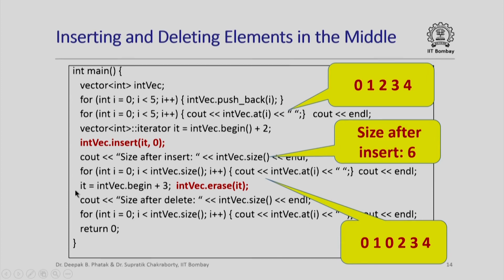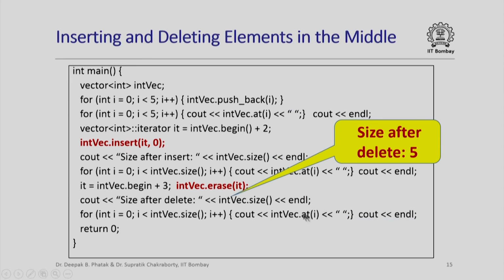So this iterator now points to this element of the vector, and I could also ask intvec.erase(it), so it will erase this 2. So the size after the delete is going to become 5 again, and if I try to print it out, the 2 would have been deleted, so it will print out 0, 1, 0, 3, 4.